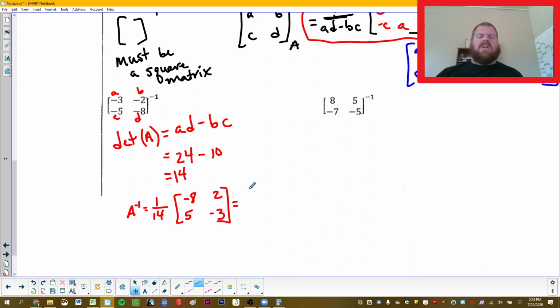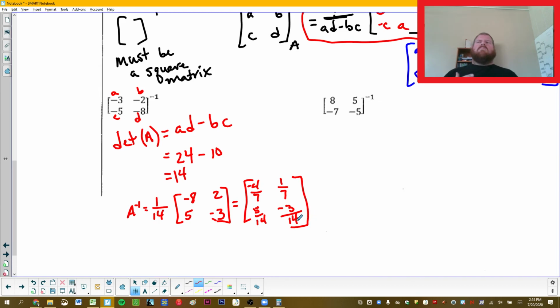So our inverse matrix will turn out to be -8 over 14, which we could call 4/7. Sorry, that's -4/7. 2 over 14 is 1/7. 5 over 14 is just 5 over 14. And -3 over 14 is just -3 over 14.